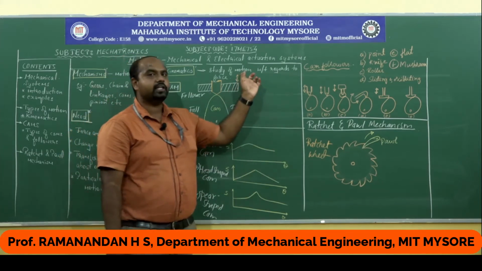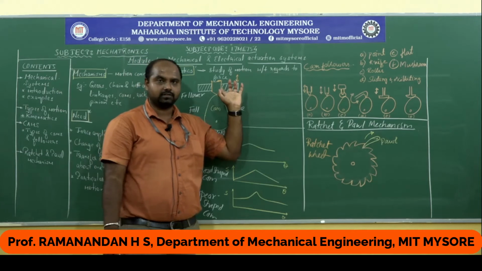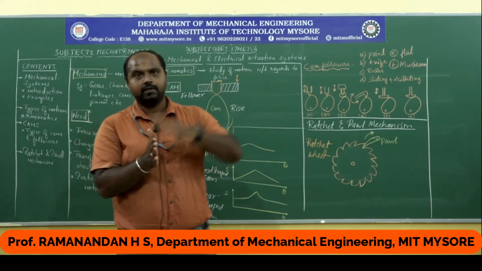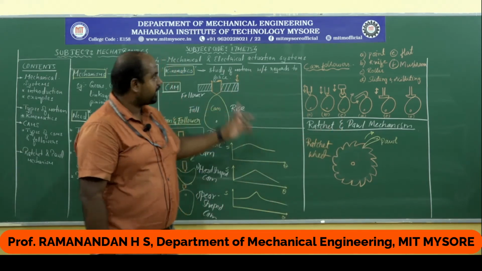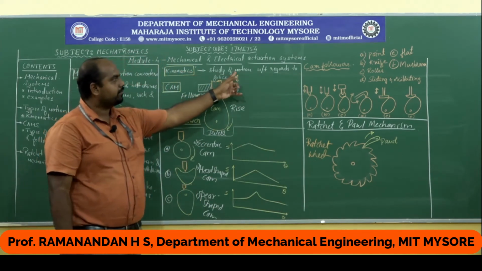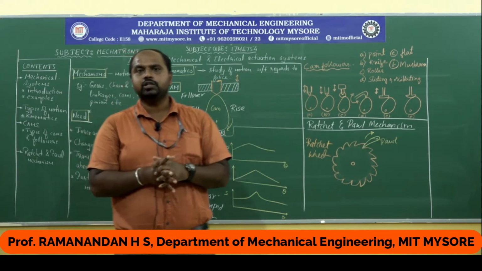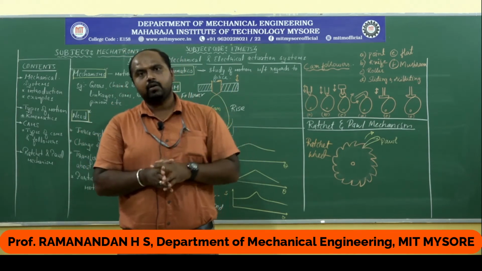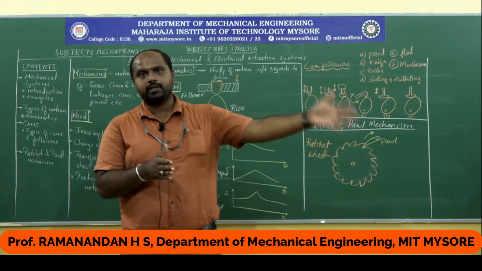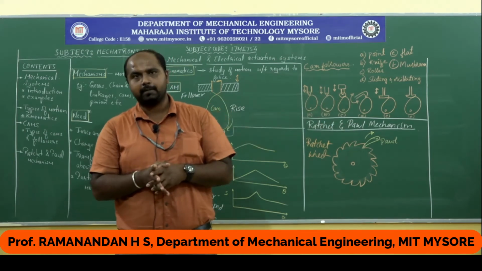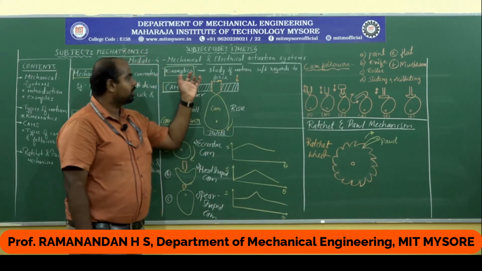Here we study only the effect, we don't study the cause. Force is the cause of motion. In kinematics, we study only motion without any regard to force. We hardly give importance to the study of force. We study only what motion is being transmitted from one point to another point. So this branch is called kinematics.